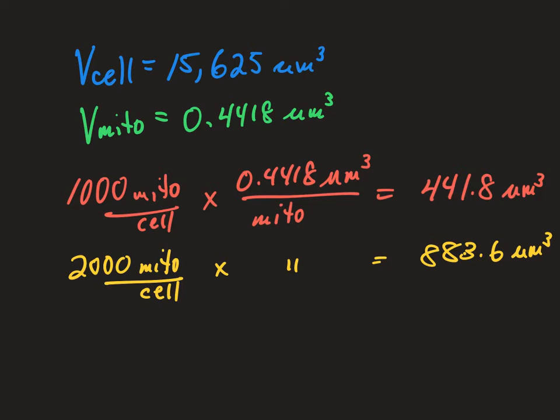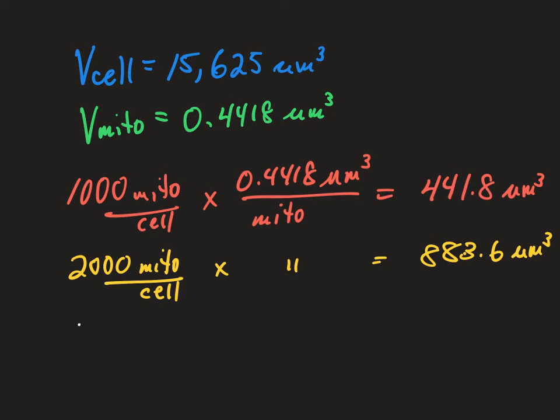cubic micrometers per cell. So if we go the other way, and this is really the question that my student asked me in the first place: what fraction of the volume of a cell is occupied by mitochondria?